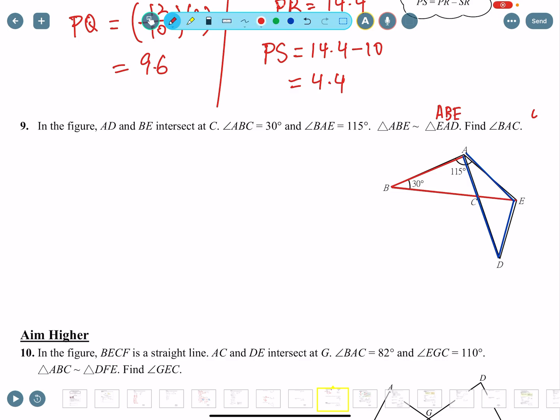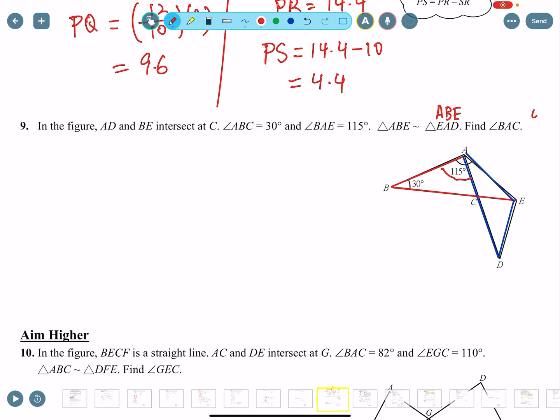There should be a difficult one. So we need to find BAE. Oh, we gotta find BAE, this one. 115 is probably just this one. BAE. Wait, what? Oh no, we have to find BAC. BAC. Okay, BAC is this one over here.